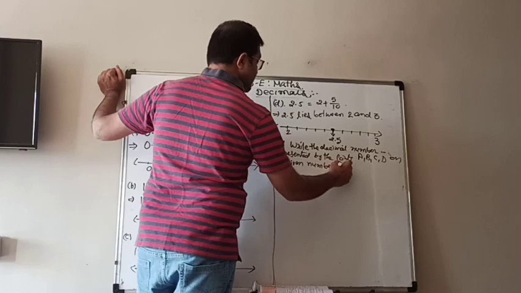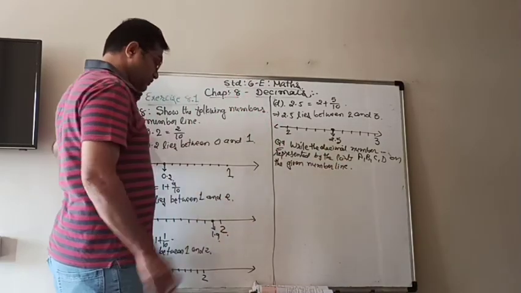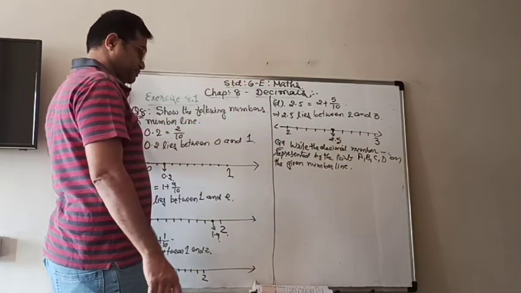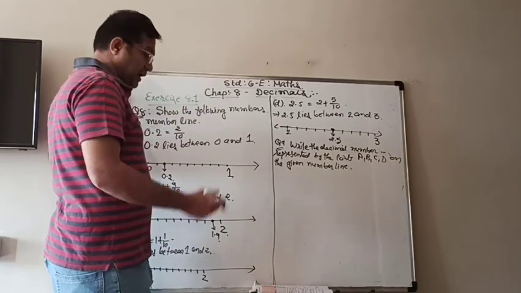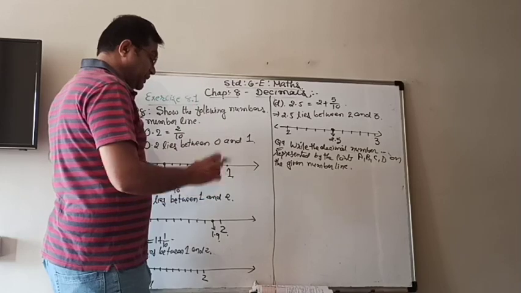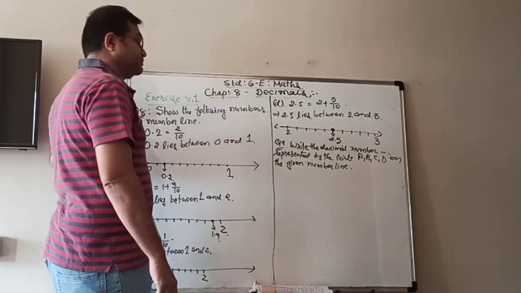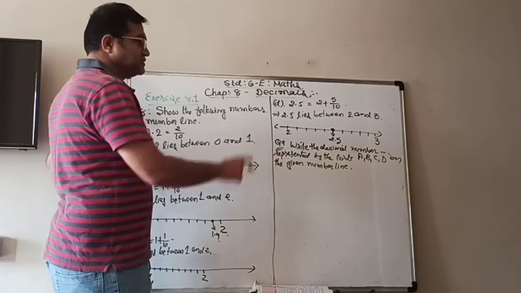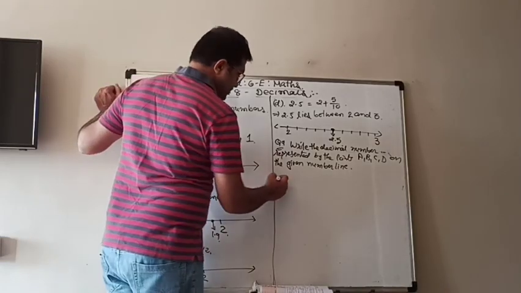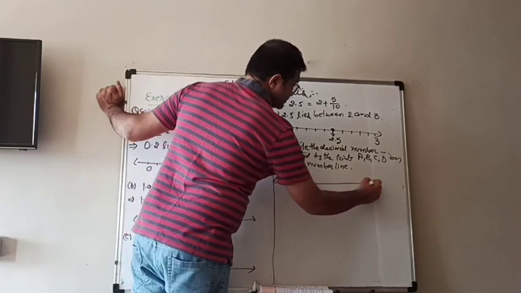So here the number line is given on which 0, 1, 2, 3 are marked, and between them 10 parts are also done, and at some points they put A, B, C and D. We have to recognize which number is associated with A, B, C and D.